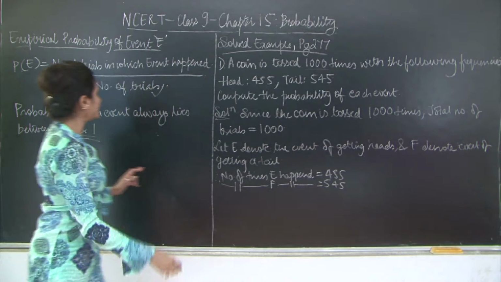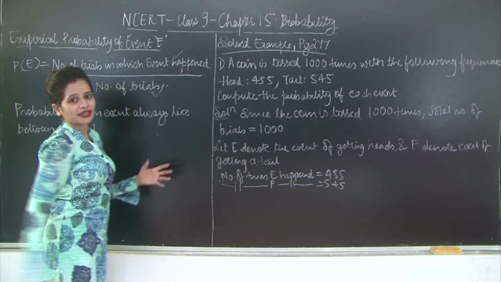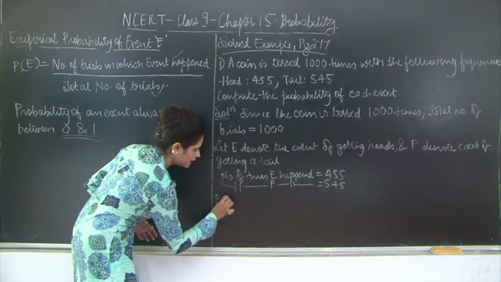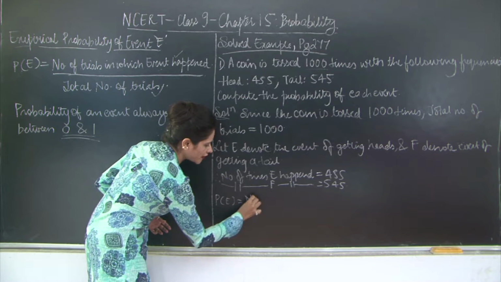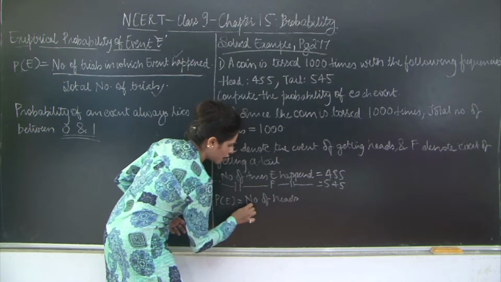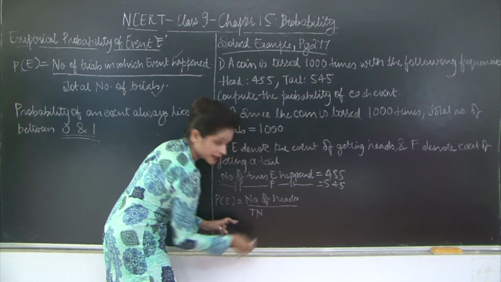So now we have this value for heads as well as tails, right? So we can simply find the empirical probability. So I'll say P(E) is equal to number of heads upon total, so I'm just writing Tn for total number of trials.